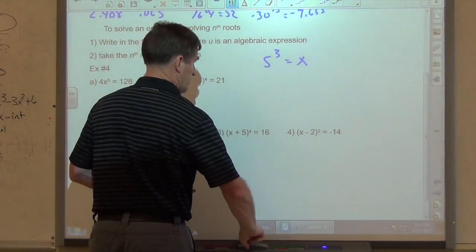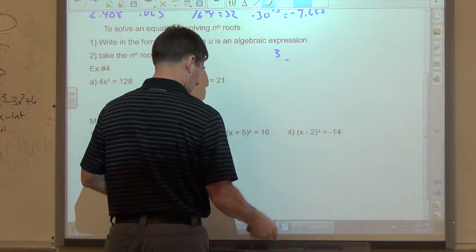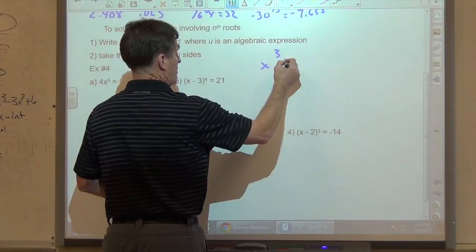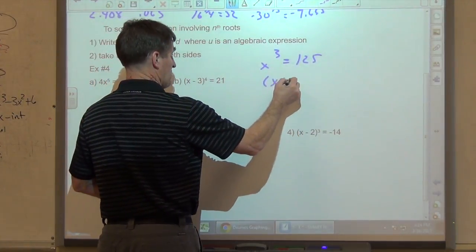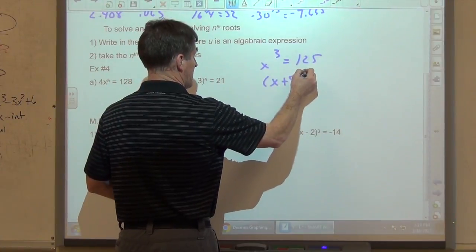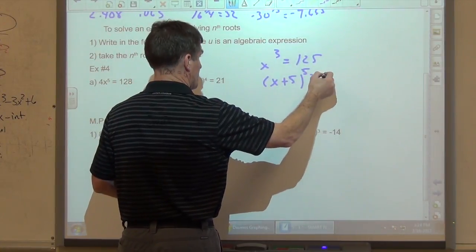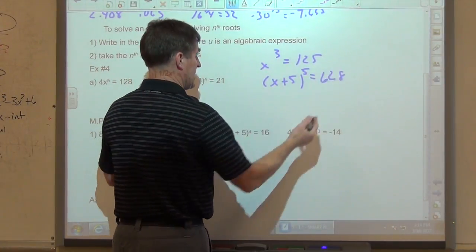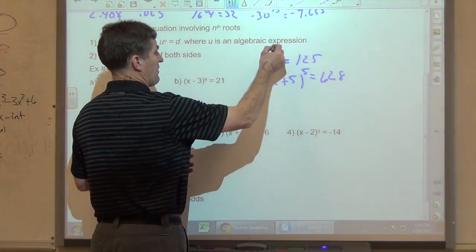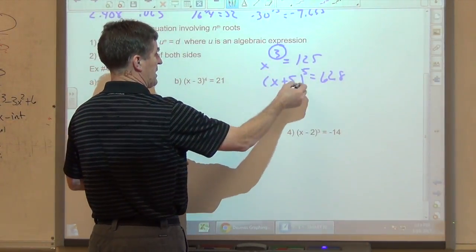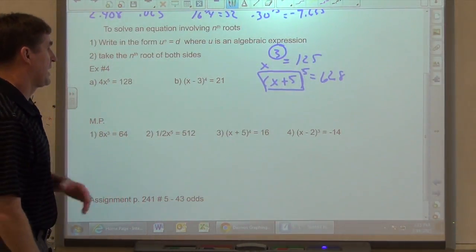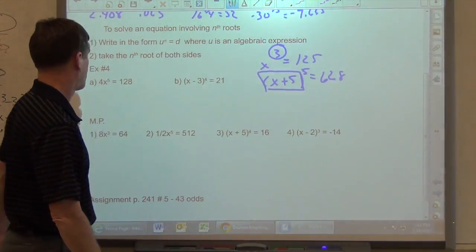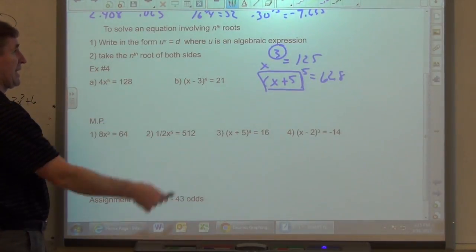More than likely what you'll have is x to the 3rd equals 125, or we could have x plus 5 to the 5th equals 62.8. It doesn't make a difference. We just have to get whatever the power is to a singular group. You can't have something outside of that. And then you just take the nth root of both sides.